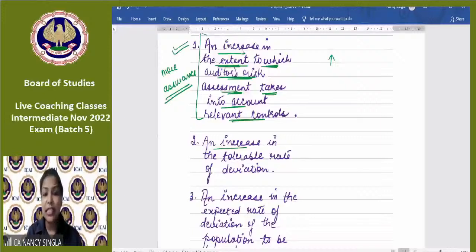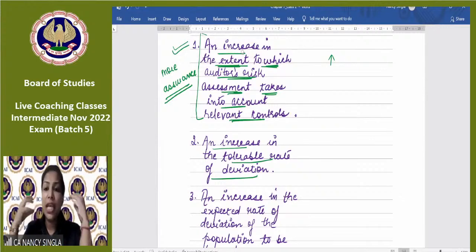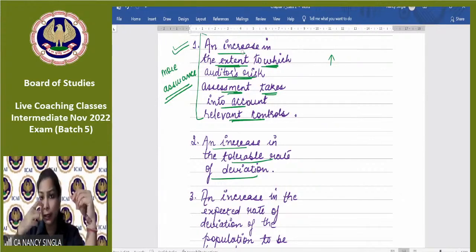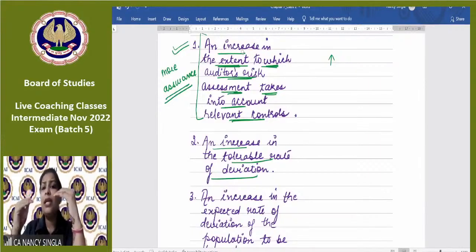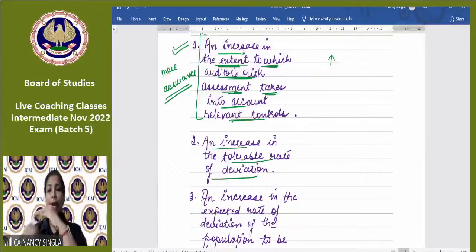An increase in tolerable rate of deviation. Okay? This concept we'll be doing in the second half of the session. But what is tolerable rate of deviation? First understand this. See, when the auditor is checking the internal controls on a sample basis, he will develop an expectation that this much deviation in the internal control is tolerable.